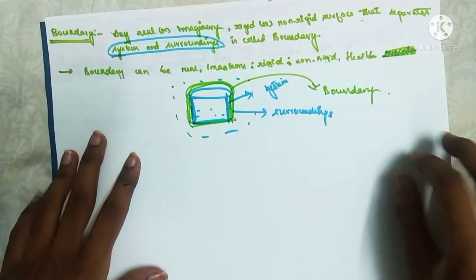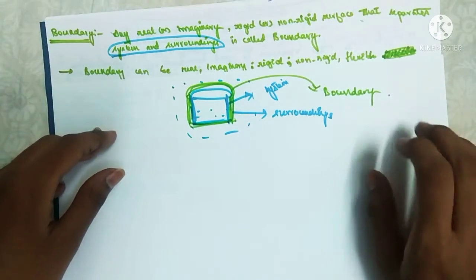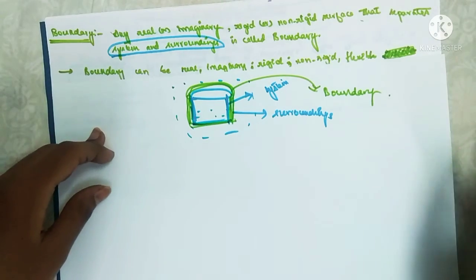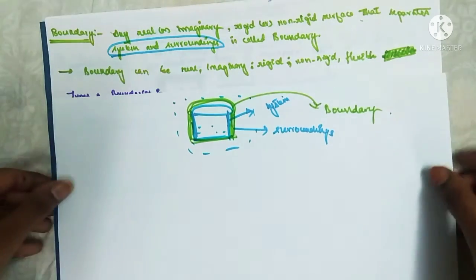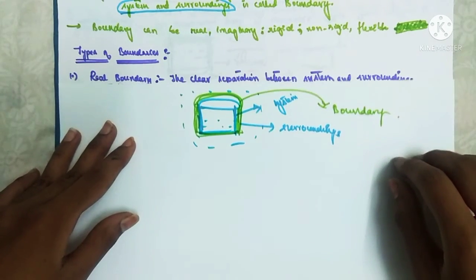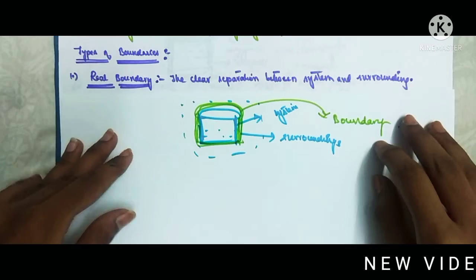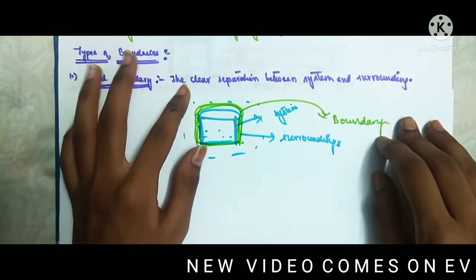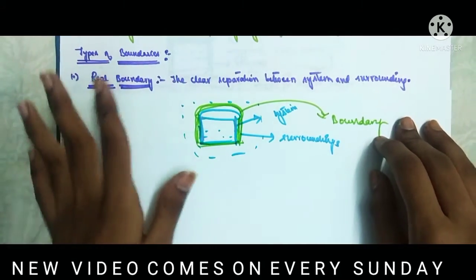And boundary can be real, imaginary, non-rigid, rigid and flexible. So now we are going to learn about different types of boundaries. The first type of boundary is real boundary. Real boundary is the clear separation between system and surroundings.